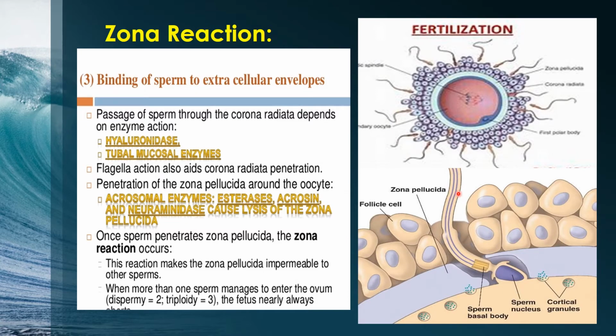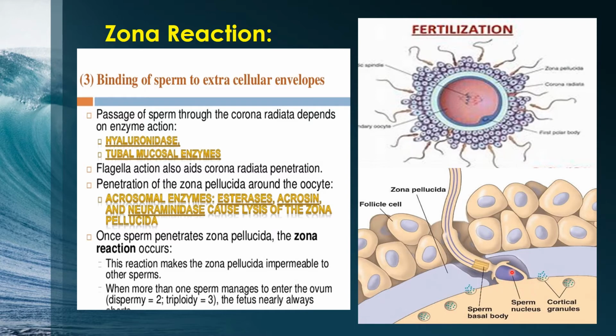So this is a diagram showing you that the sperm has reached the plasma membrane after crossing the corona radiata cells and the zona pellucida lysis, and it reaches the plasma membrane of the oocyte. So once it reaches the plasma membrane of the oocyte, the cortical enzymes or the lysosomal enzymes are released from the cortical granules near the plasma membrane into the perivitelline space.